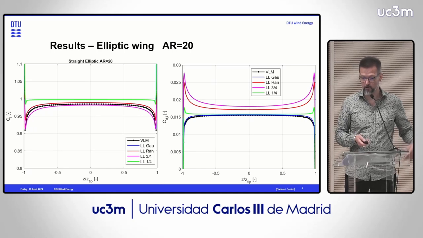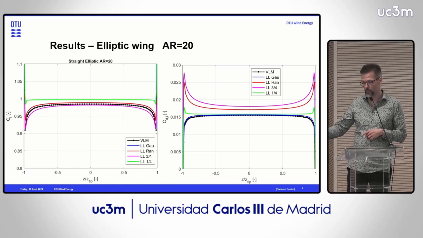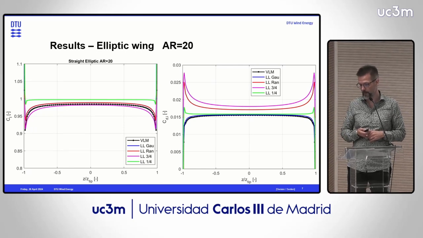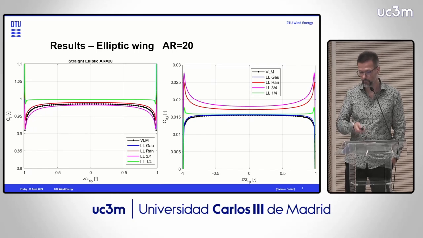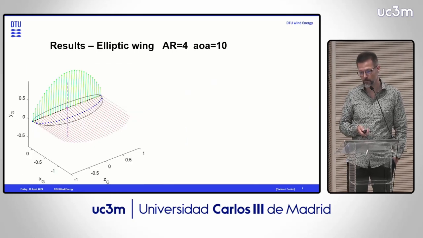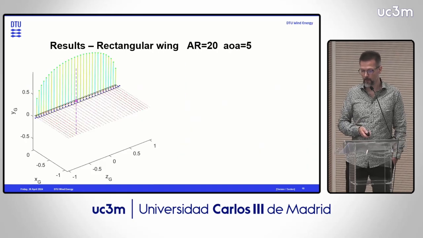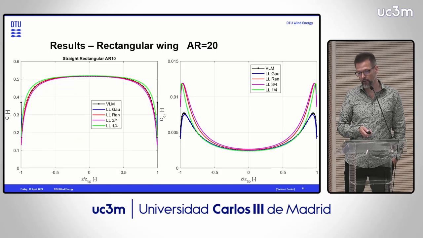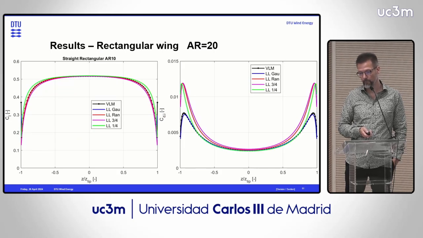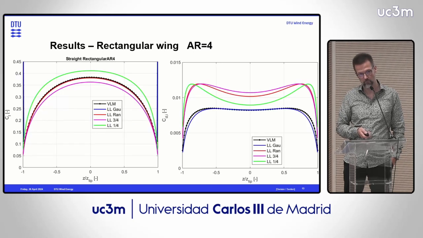Here on the curve to the left, you see local lift as a function of span length. On the curve to the right, the local drag. And they agree well here. High aspect ratio elliptic wing, low aspect ratio elliptic wing, they agree well-ish. High aspect ratio rectangular wing, they agree well. Low aspect ratio rectangular wing, they agree well.